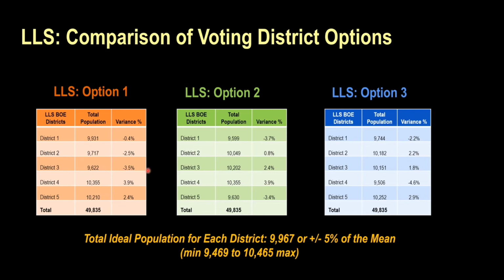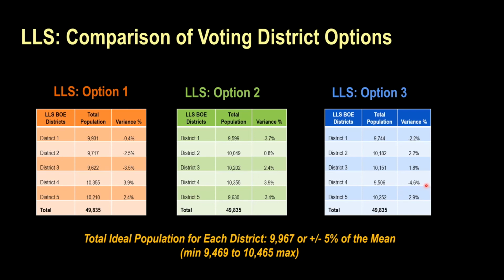And for District 3, starting with option 1, against the ideal, we are below 3.5%. In option 2, we're above 2.4%. And in District 3, under option 3, we are above 1.8%. And in District 4, starting again at option 1, we are above 3.9%. In option 2, we're above 3.9%.